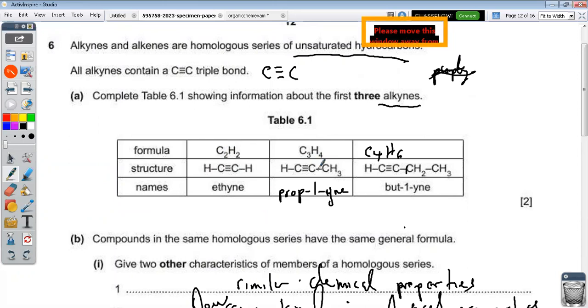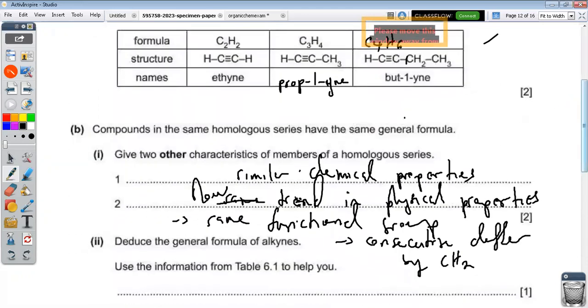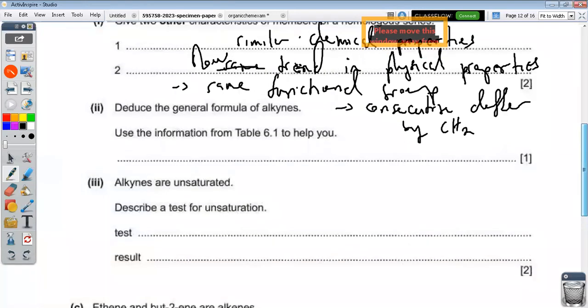The general formula. So what could be the formula here? Then C, H4. What do you think, Mr. Brandon? Deduce the general formula. Tricky one, eh?